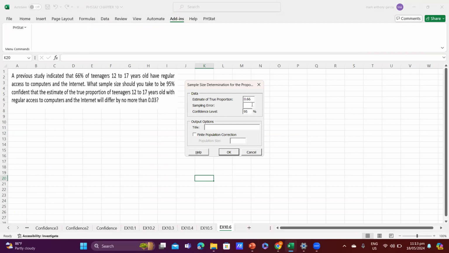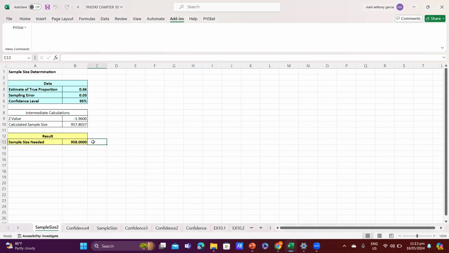And then our sampling error is the desired value of e, which in this example is equal to 0.03. And our confidence level is 95%. So to get the PHStat output, we see that this is the desired sample size, which is 958, and the one that we got here is 957.8. And when we round this up, we get 958.